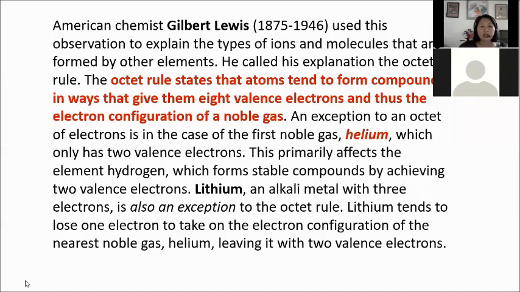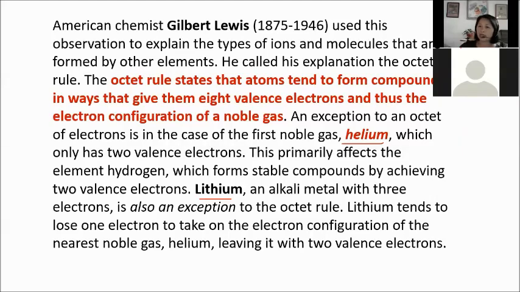Okay, so what is octet rule pala? So octet rule states that atoms tend to form compounds in ways that give them 8 valence electrons and thus electron configuration of a noble gas. But then, merong exceptions, helium at saka lithium. Because Li, Z of Li is 3, so 1s2, following the configuration of helium.